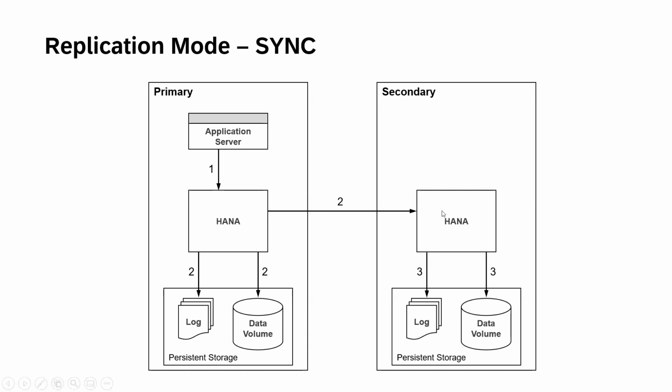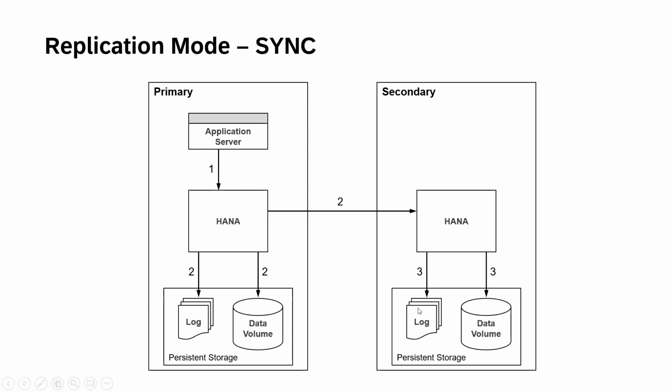But if you see over here, still the acknowledgement is not sent to the application server. It is still waiting. The application server has sent the change data to the HANA instance. The HANA system first makes the changes in its own system data volumes and log segment, and simultaneously sends it to the secondary system.